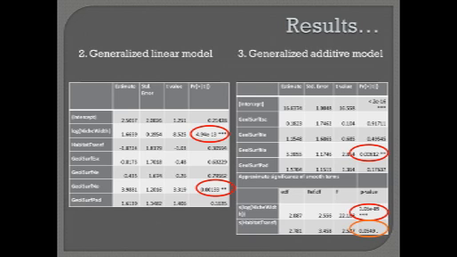But the generalized additive model included habitat transformation as having some sort of relation. The GAM model was proved, using the AIC, the Akaike information criterion, to be the better model.